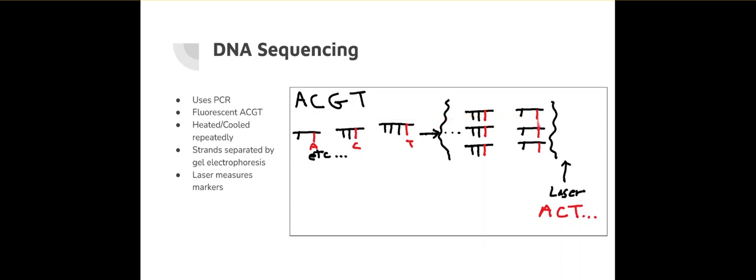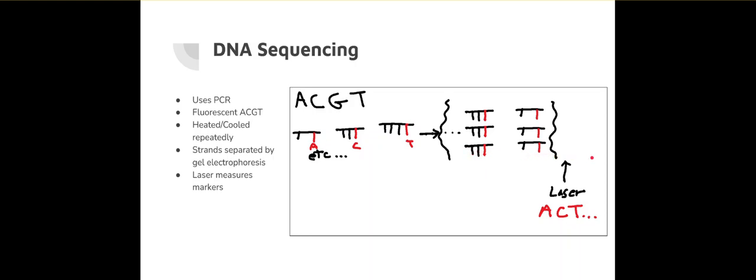And now as they're coming through this gel, they have a laser here that will read. It will cause these strands to fluoresce, and then it will tell you the first one is an A, the second one is a C, and the third one is a T, because it's reading these one group at a time as they're coming through.